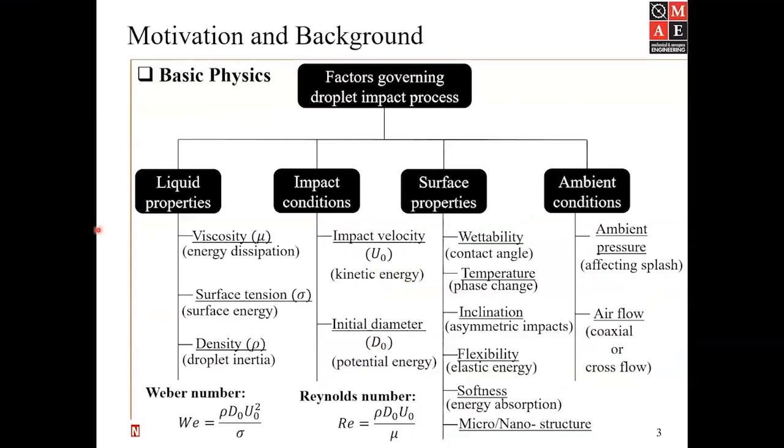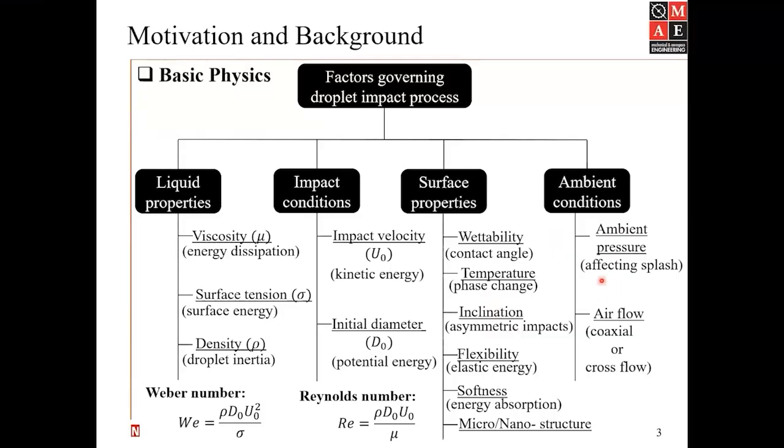So generally speaking, the impact of drops on different surfaces depends on many factors, and most importantly the liquid properties, for example viscosity, surface tension, and density. The impact conditions of velocity and initial diameter are also very important. The surfaces, of course, will influence the outcomes of the impact, particularly if we have solid surfaces or textiles, where absorbing and wicking happen.